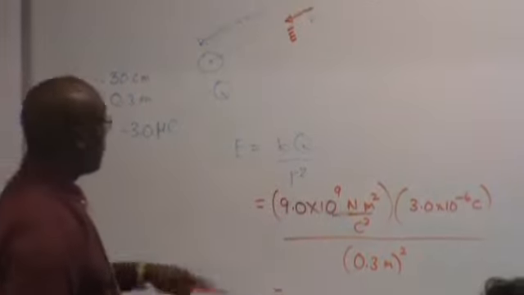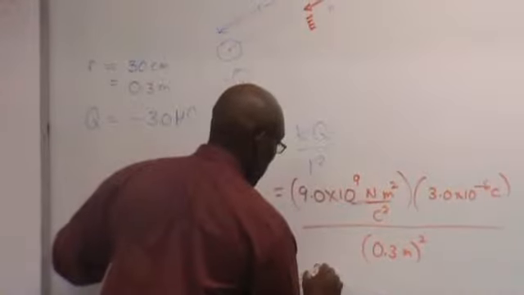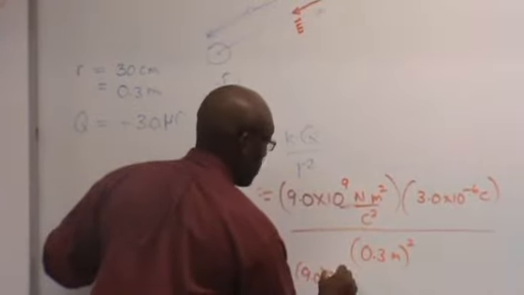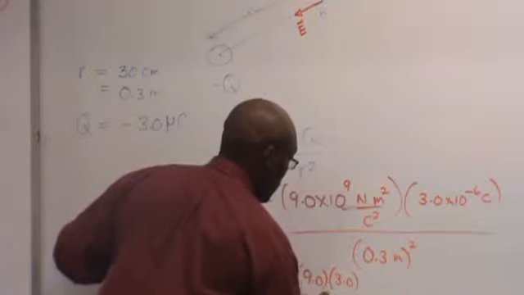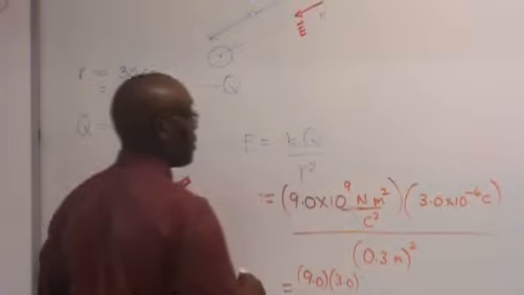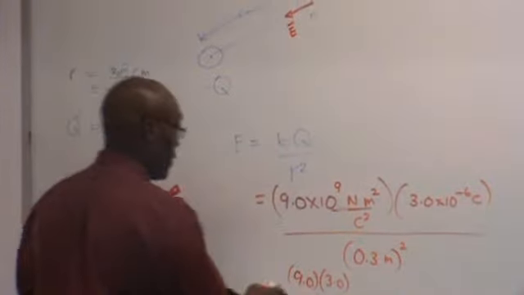And when you calculate this, you should get, let me see, 9 times 3 divided by 3 divided by 9.